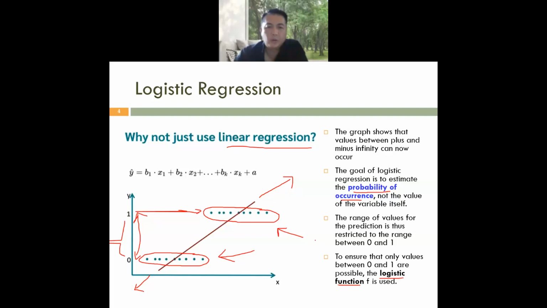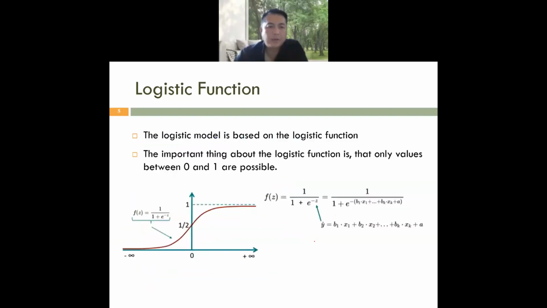Okay. So what is logistic function? So the logistic function is described here, in which whatever value we have for the x here, they are described by this formula, 1 divided by 1 plus epsilon to the power of minus z, where the z here we substitute with the linear regression, linear formula that we have.